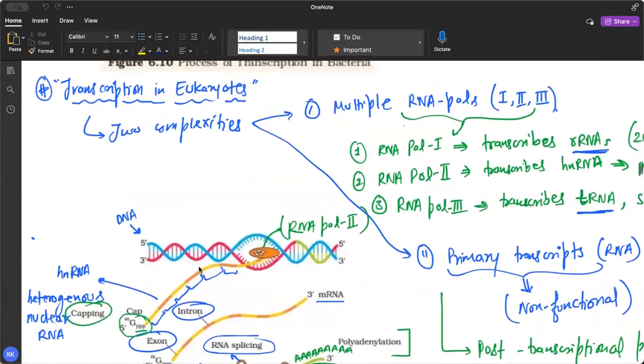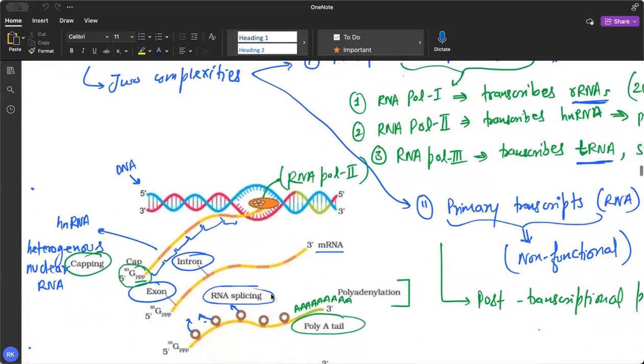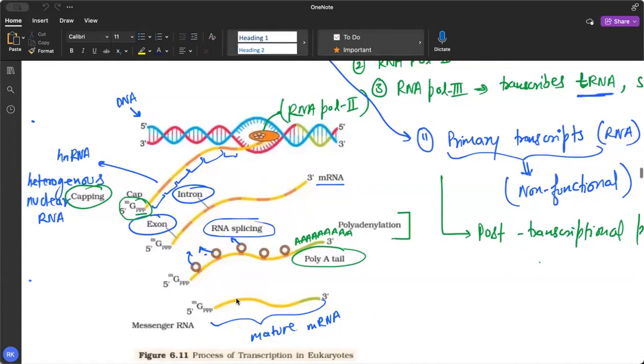But in case of eukaryotes, when an mRNA is formed because of transcription, the mRNA contains exons, introns, exons, introns. And you need to remove introns and stitch back all the exons together. And this process is called post-transcriptional modification, right? So post-transcriptional modification is one important difference between prokaryotic and eukaryotic transcription.